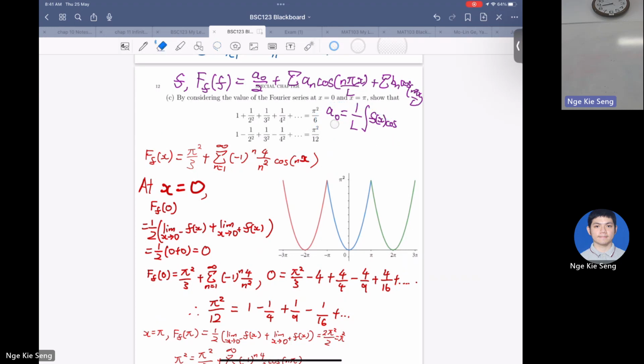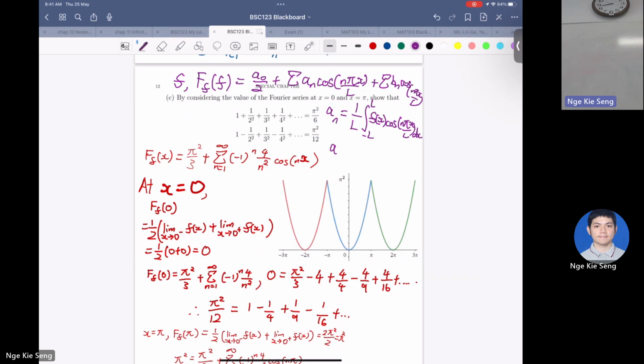If you want to find an, you need to multiply with cos, and then integrate over the interval minus L to L. So what's the interval minus L to L? It is the pattern that you want to repeat. That gives you the period.